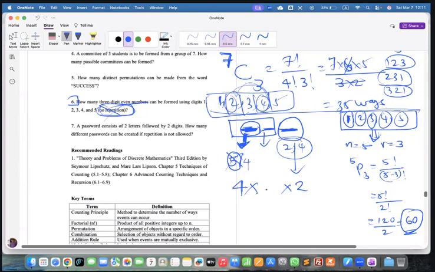So we have the odd numbers balance 3. What about the others? 3, 3. Did you understand or not?